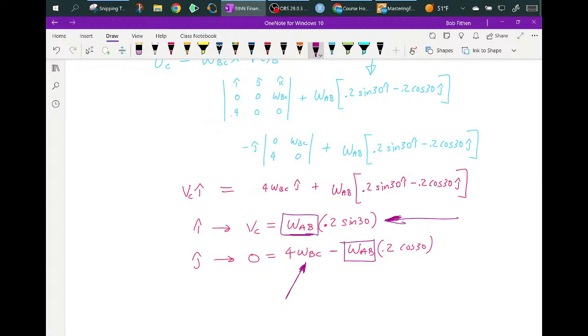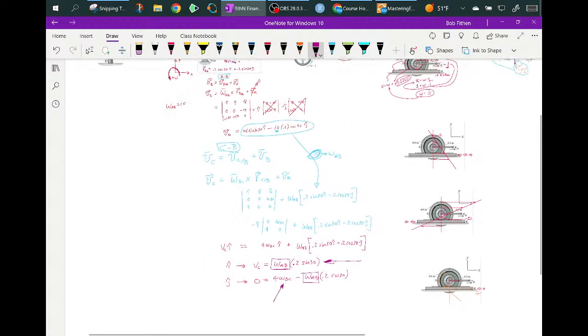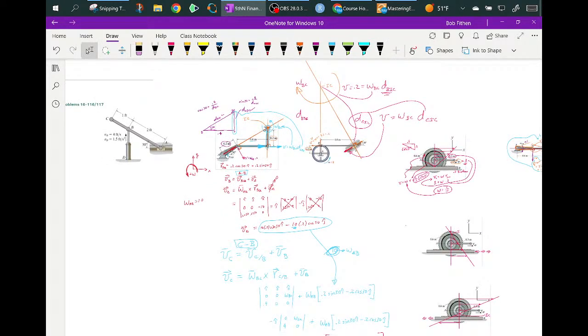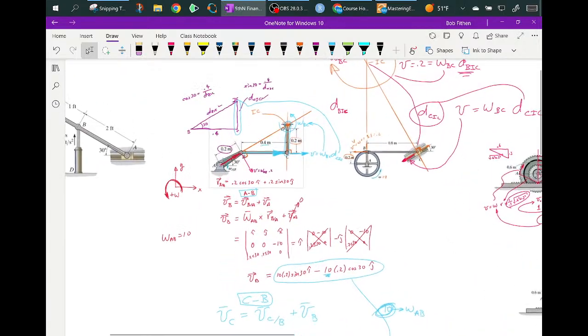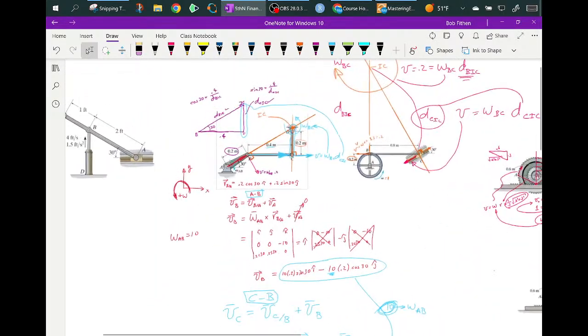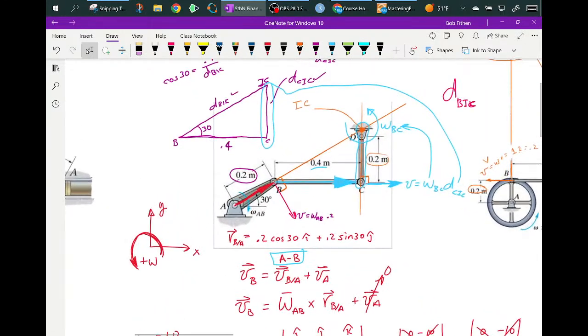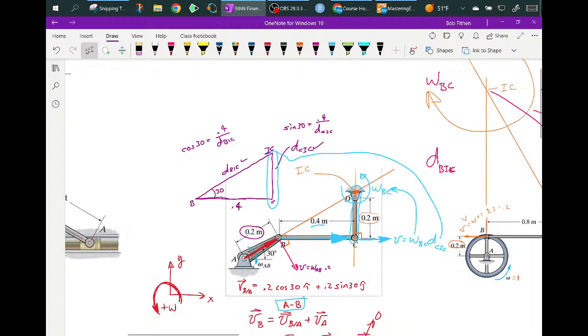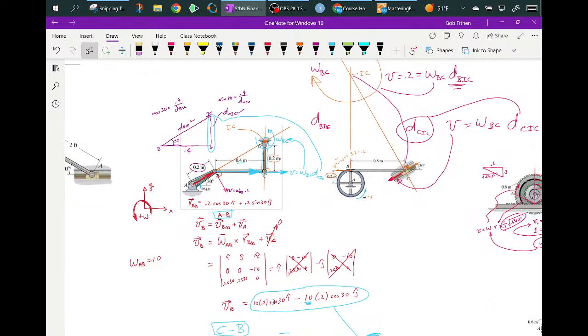So that's the approach from the vector equations. Both should come up with the exact same answers. You can sort of check this out. I'll leave it to you to check out, because you can have two ways to work this.